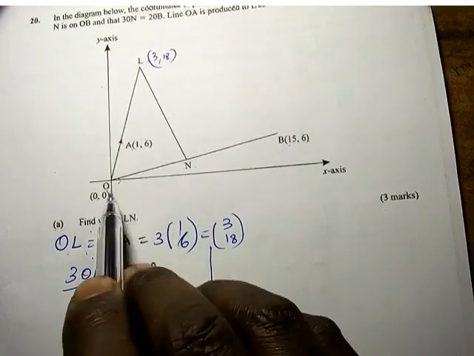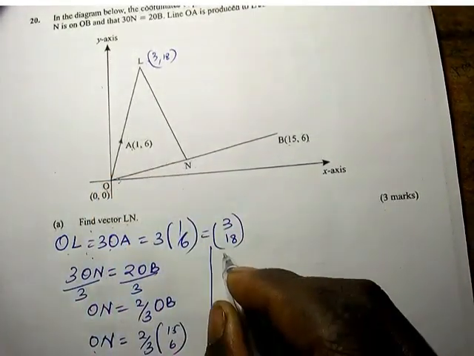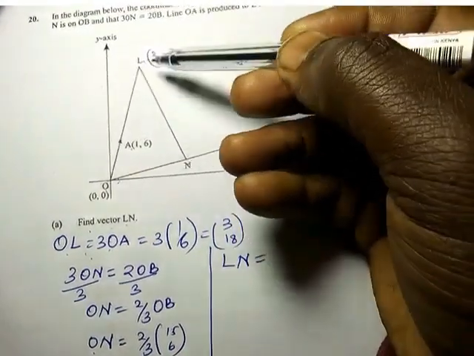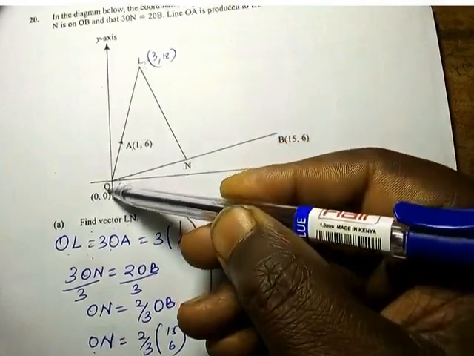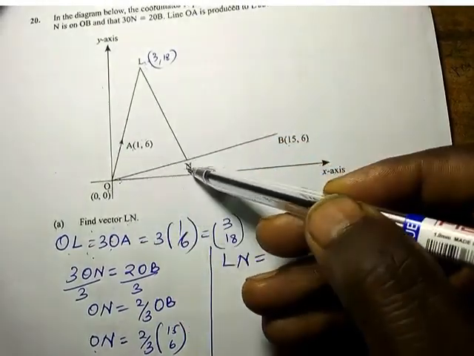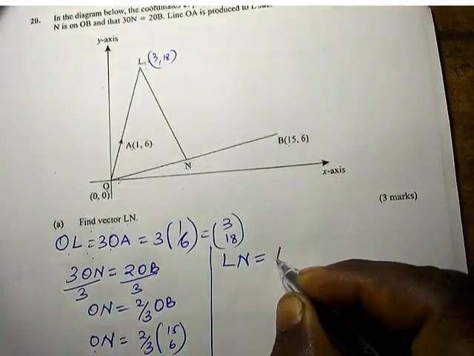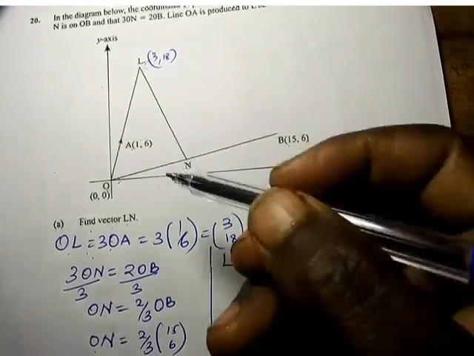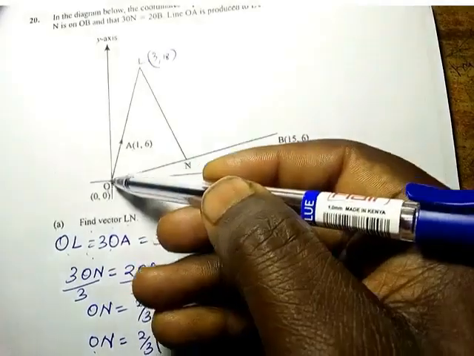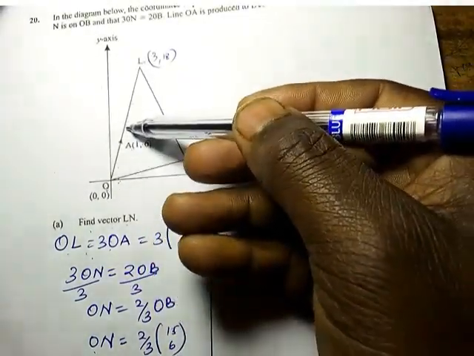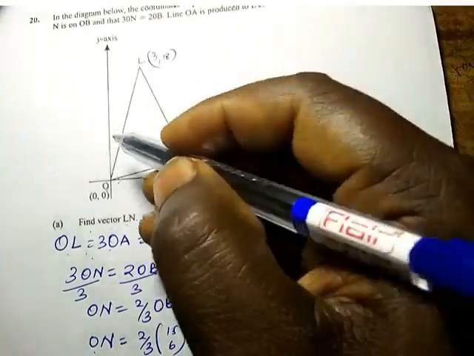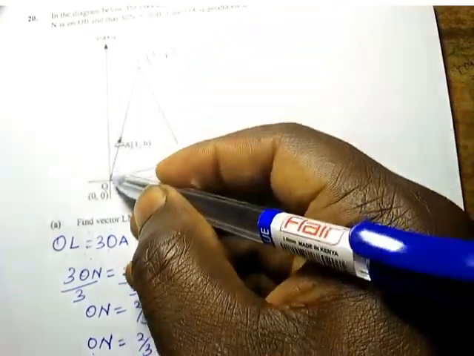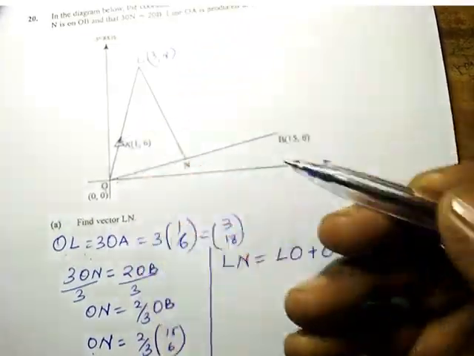Now we can find LN. LN is equal to LO plus ON. But when we are moving from L to O, we are moving against this vector. Remember, the arrow is going up, but I'm coming this way, so it is against this, it is going to be negative.